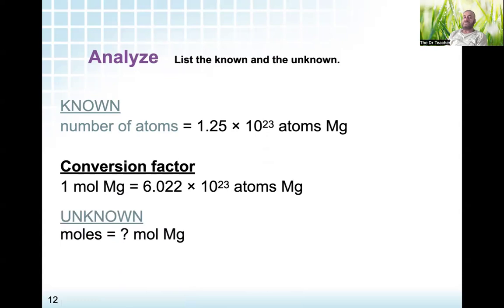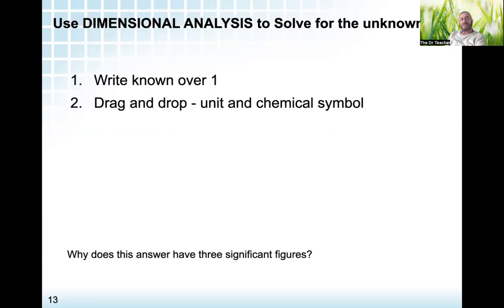We have been given the number of atoms, so we need to convert it to moles. Let's have a look. Use dimensional analysis to solve for the unknown. We write known over 1. We drag and drop the unit and chemical symbol.